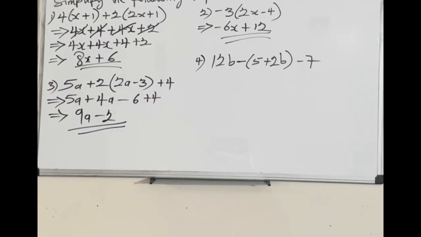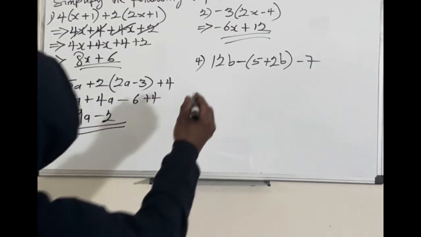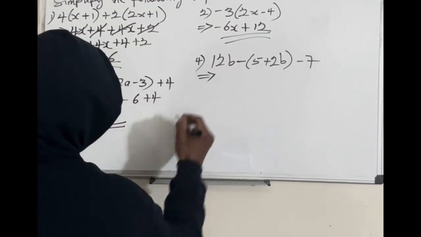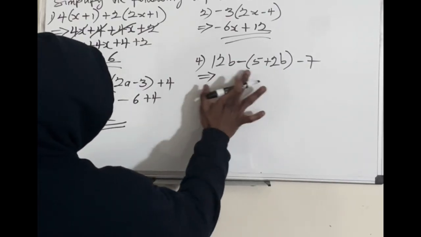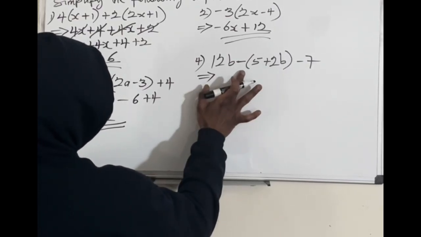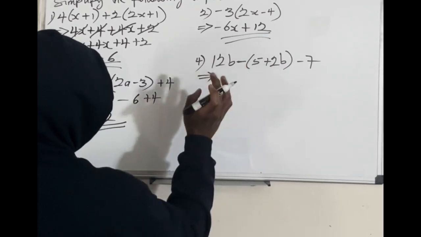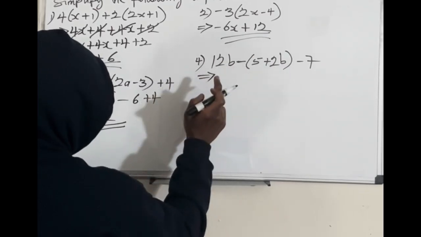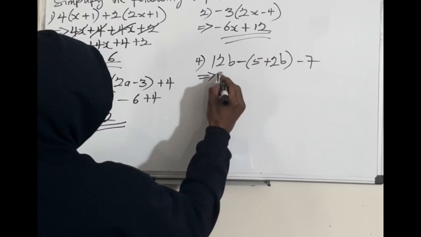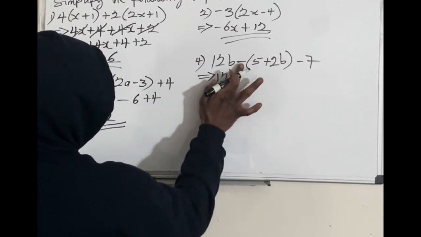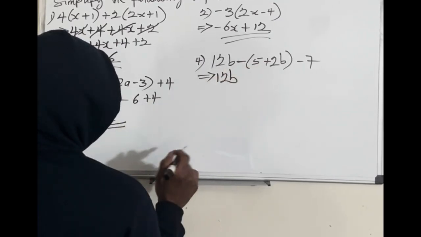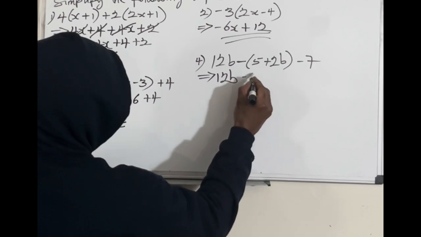So we continue to question 4. We have removed the brackets. Know that when there is no number, there is always an invisible 1. So 12b, negative 1 times 5 is what? Negative 5.